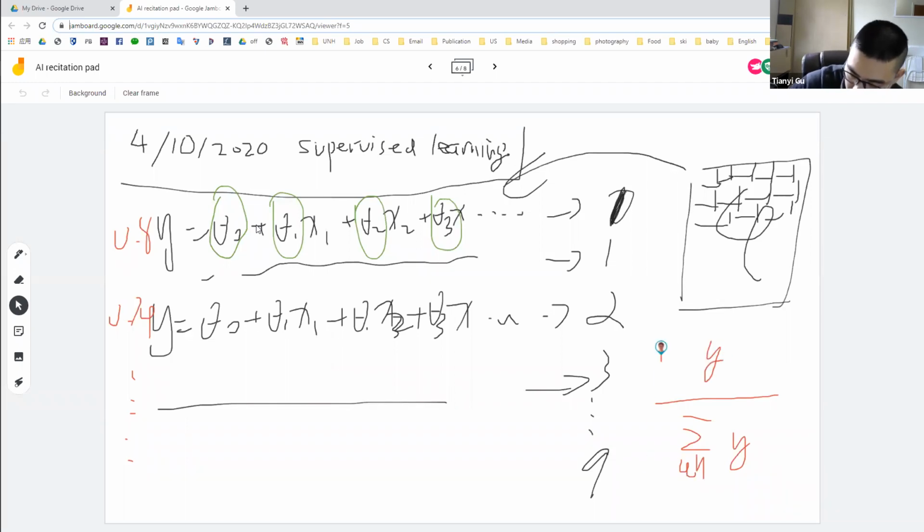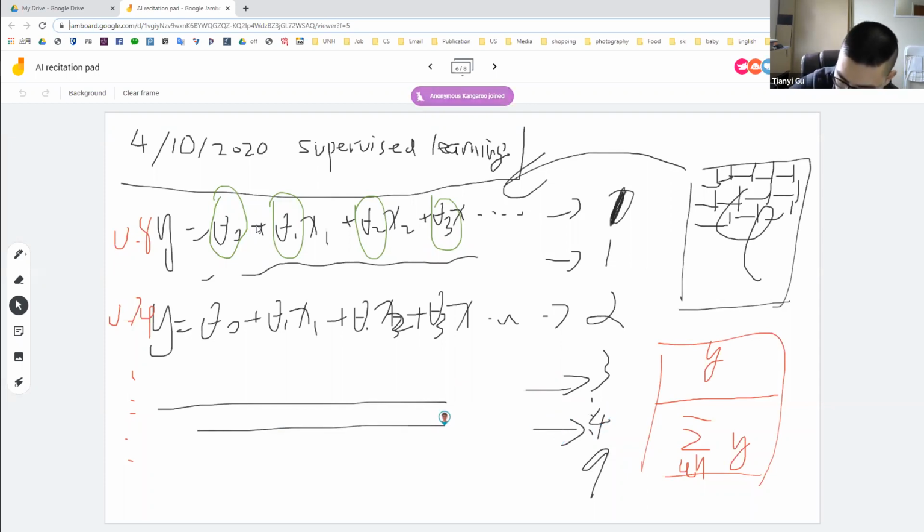Then your prediction: this value for number 4 is 0.9, so the prediction for this image would be that it's a 4.